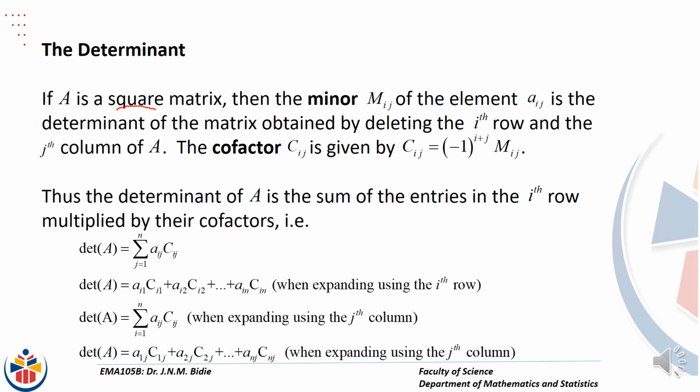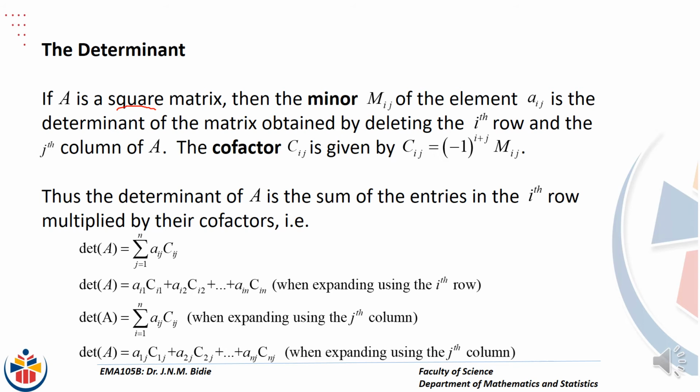So how do you find a minor? If you've got a matrix, then you are looking for a minor Mij, which corresponds to a particular element Aij. You delete the ith row and the jth column, and then find the determinant of the remaining elements.